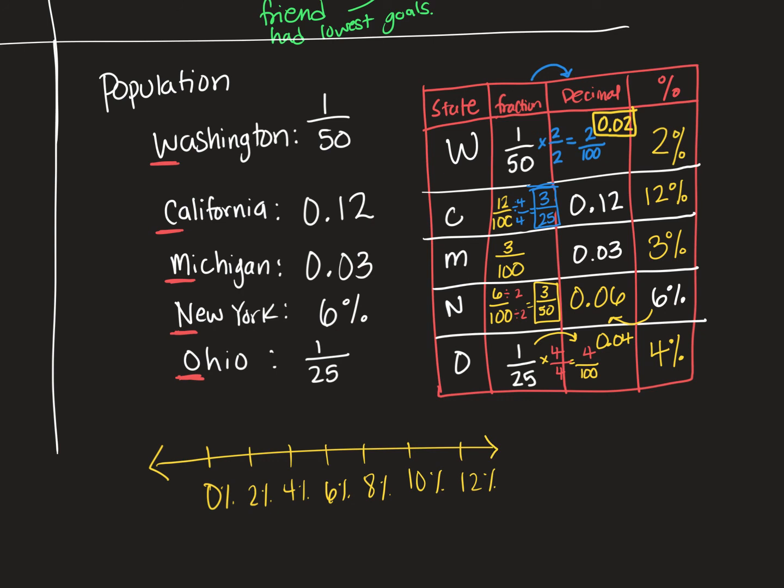The population in Washington is 2%. So I'm going to plot a point and put Washington right there. Then California is at 12%. That's why I put a C right there for California.